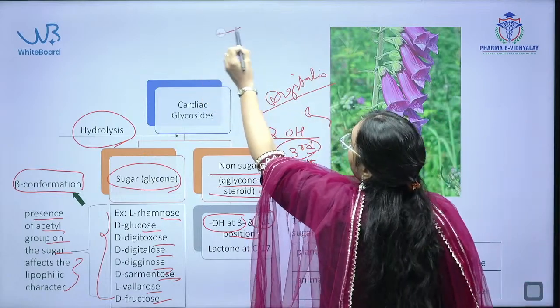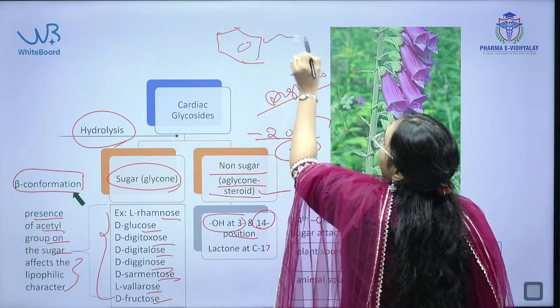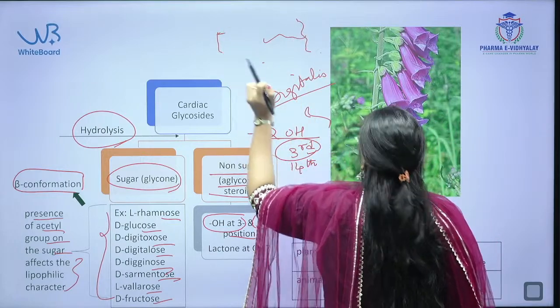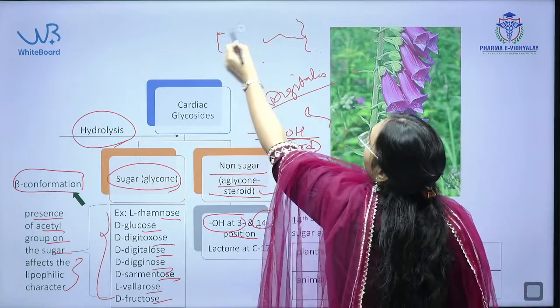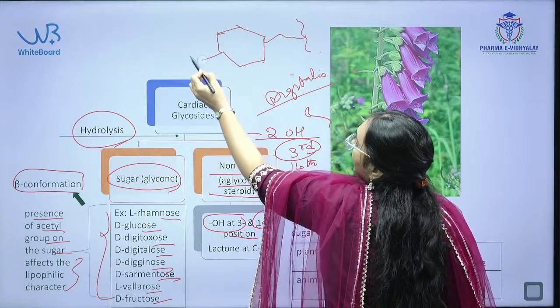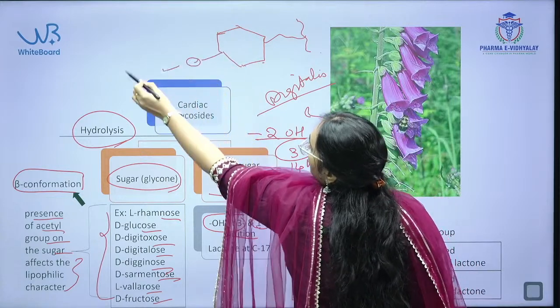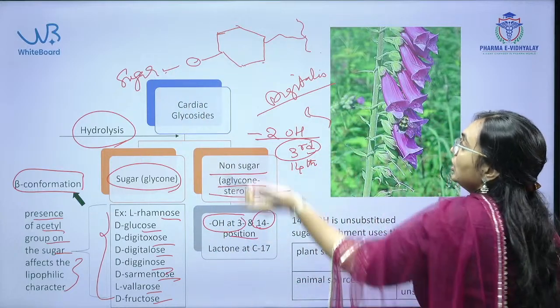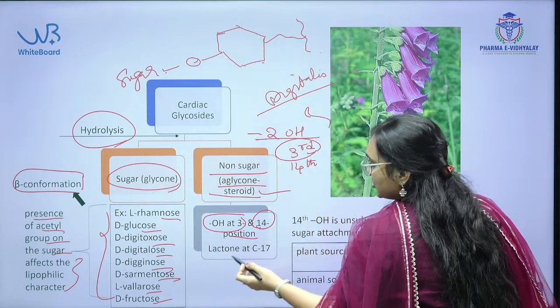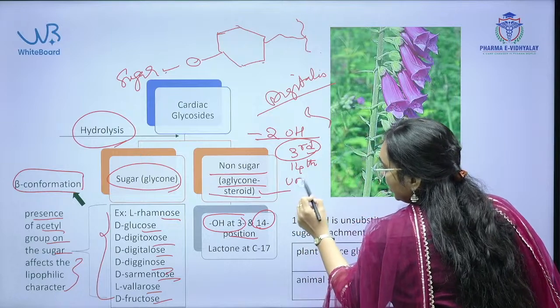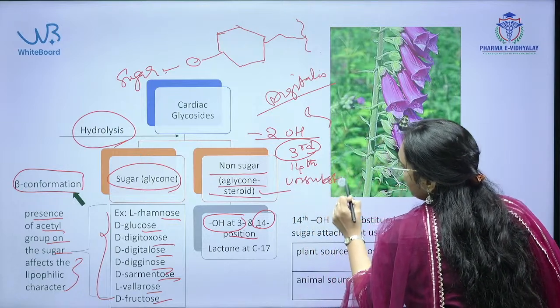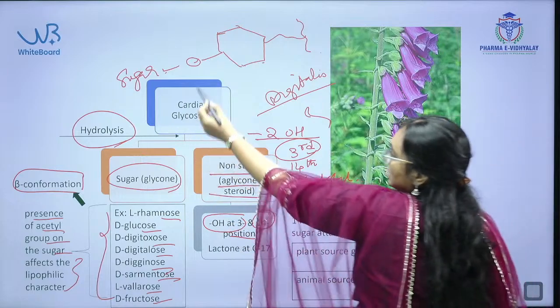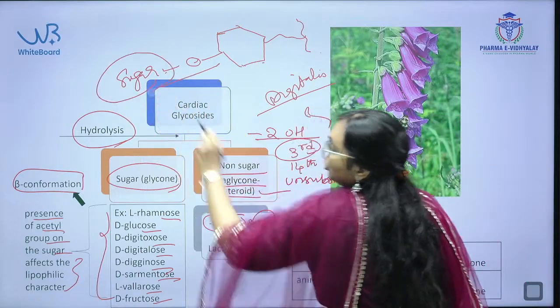I am not drawing the structure, sorry. Through the 3rd OH there is sugar linkage, and the 14th OH is unsubstituted. The substituted OH is the 3rd OH, which is linked to the sugar, the glycone.